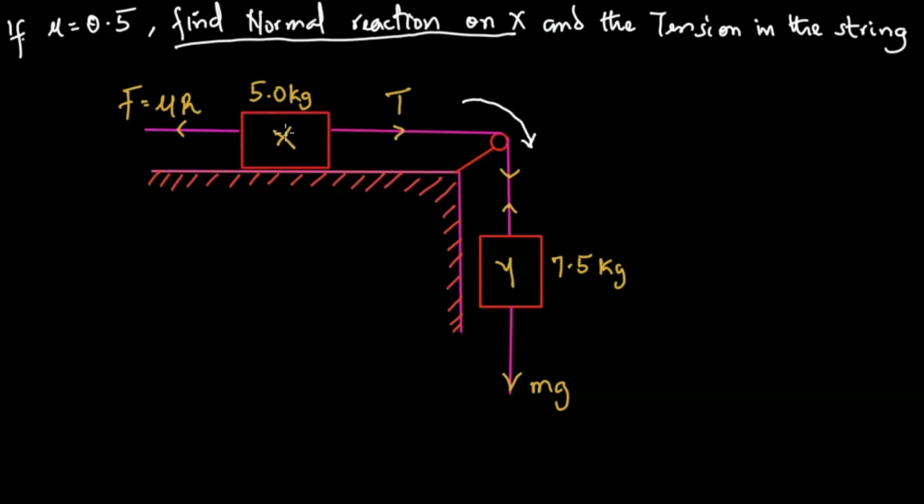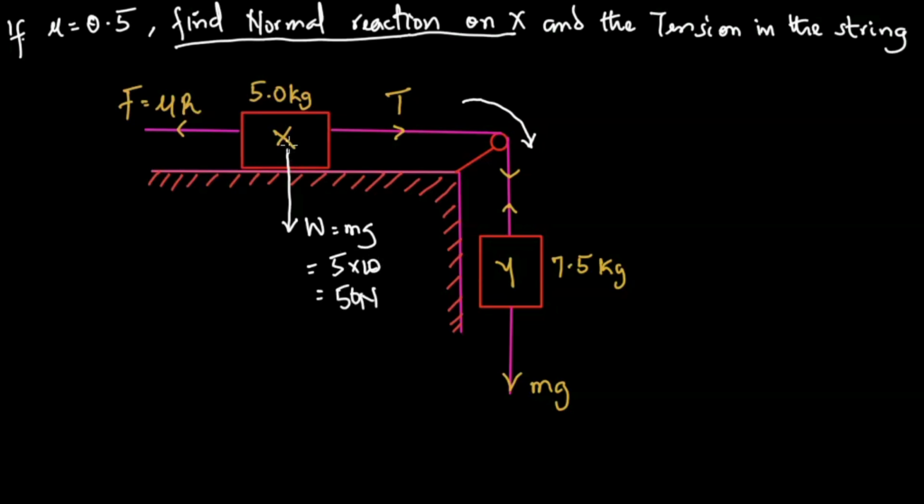So here we have block X. Block X has a mass of 5 kilogram and, resting on this surface, will act downwards with a weight of mg, which is 5 times, taking acceleration due to gravity as 10, 5 times 10, which is 50 Newton.